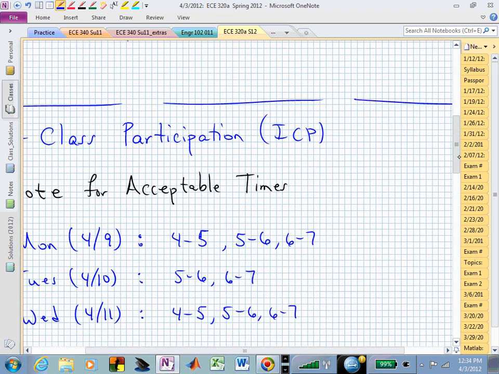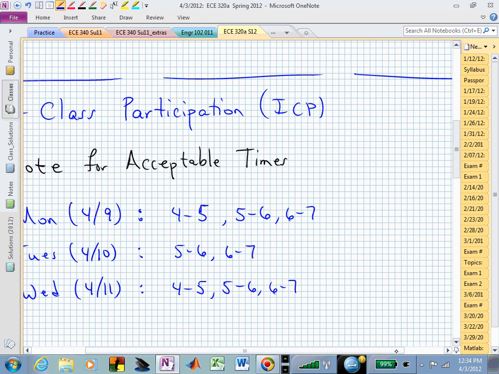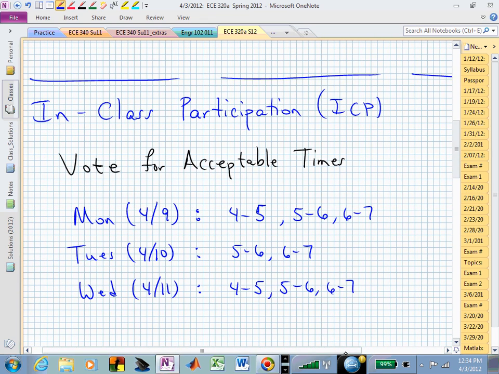As promised, the first thing that I want you to do is actually put your name on a piece of paper to get credit for being here. And on that piece of paper, I want you to vote for the time slots. Now, it may be that they go a little bit longer than an hour, but if you have to be somewhere else, I'm just sort of blocking this out.